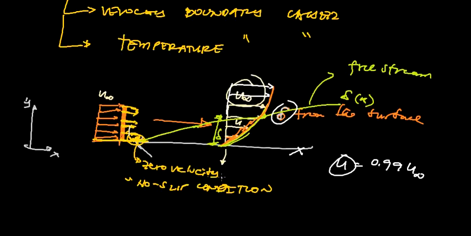The region below the boundary layer is where the friction of the fluid is significant and affecting the velocity profile, while above the boundary layer is the region where the friction is negligible. That's why it has this profile.